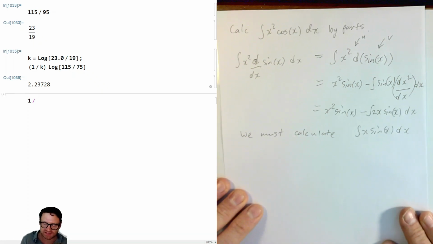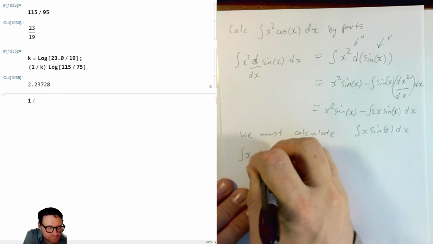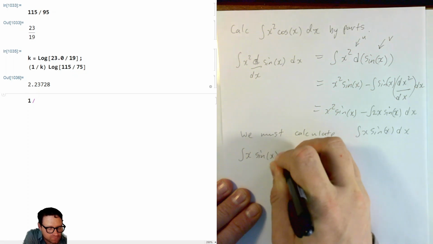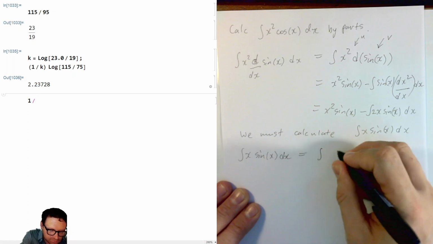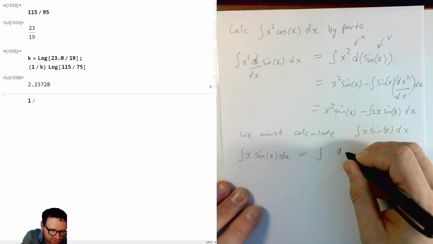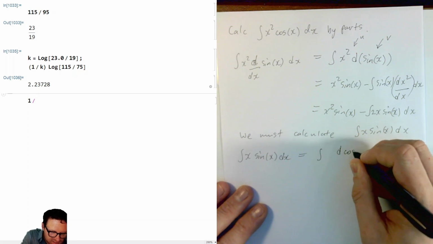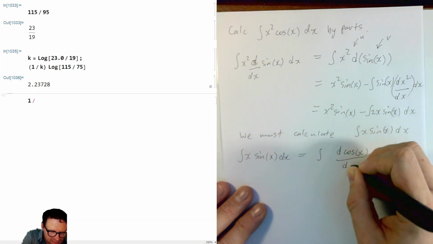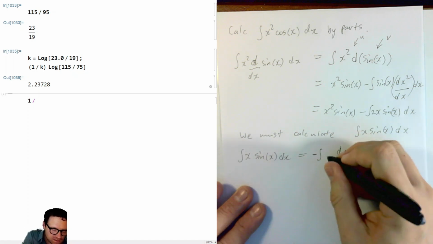So let's apply the same trick. We'll replace that sine of x with a derivative. It's the derivative of minus cos, but we'll say d cos of x on dx. Put a minus out the front.